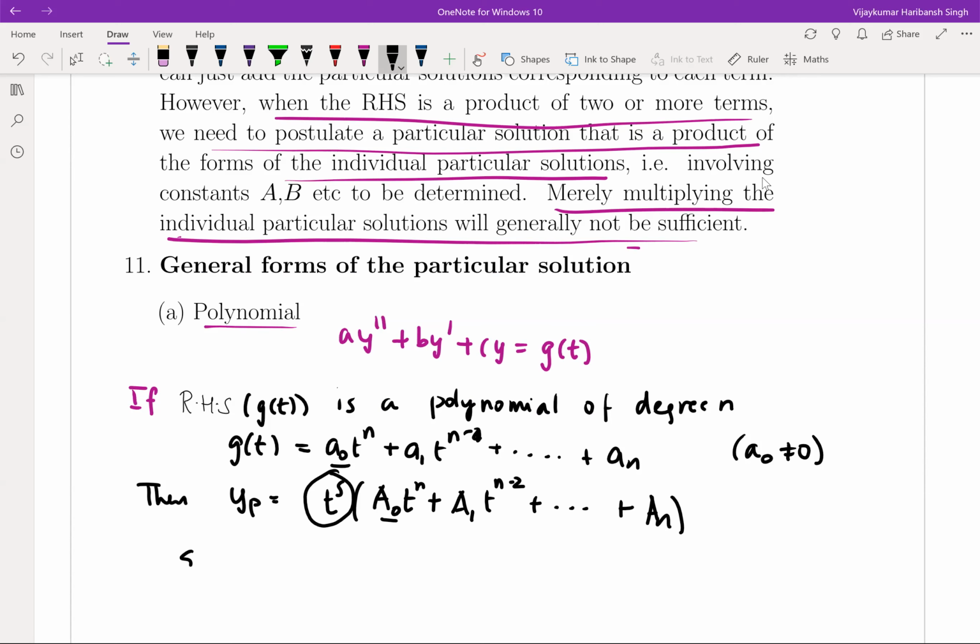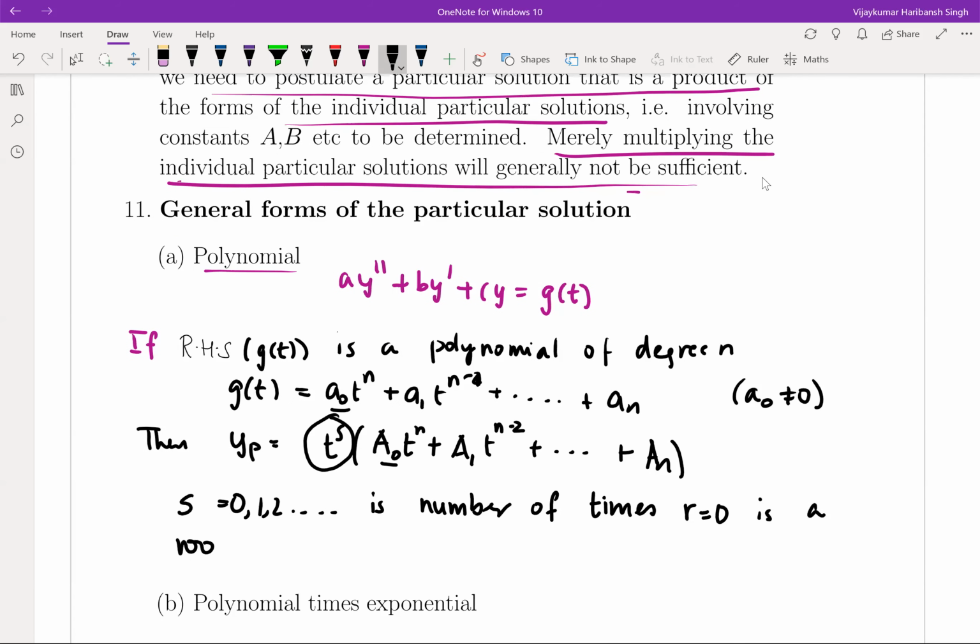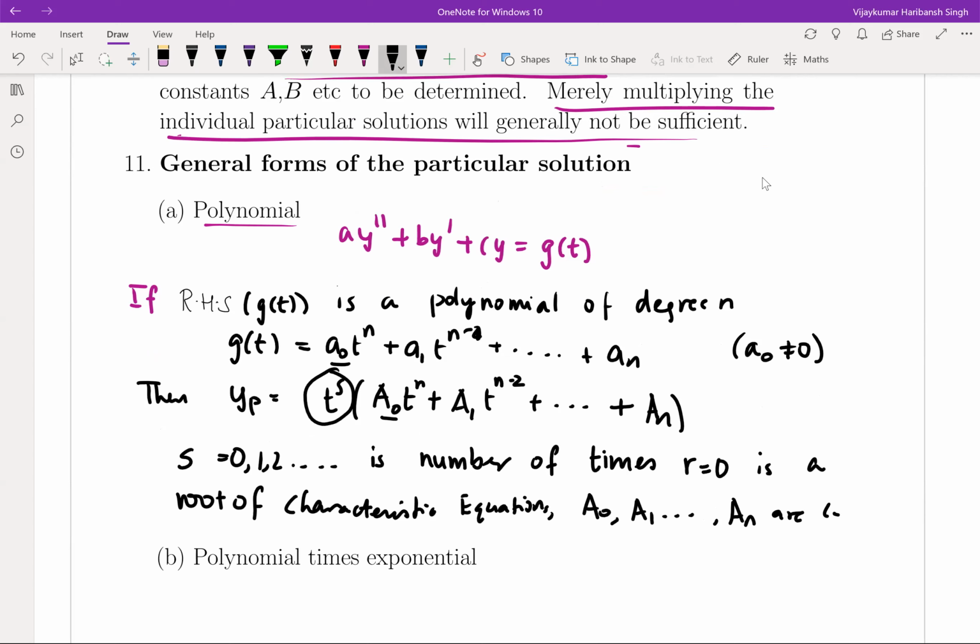What is this s? Where s equals 0, 1, 2 dot dot dot is the number of times r equals 0 is a root of the characteristic equation, and where A0, A1, An are coefficients, constants that need to be determined.